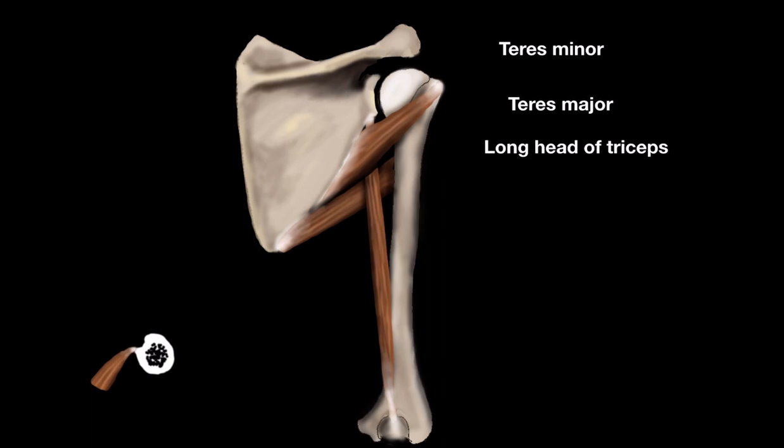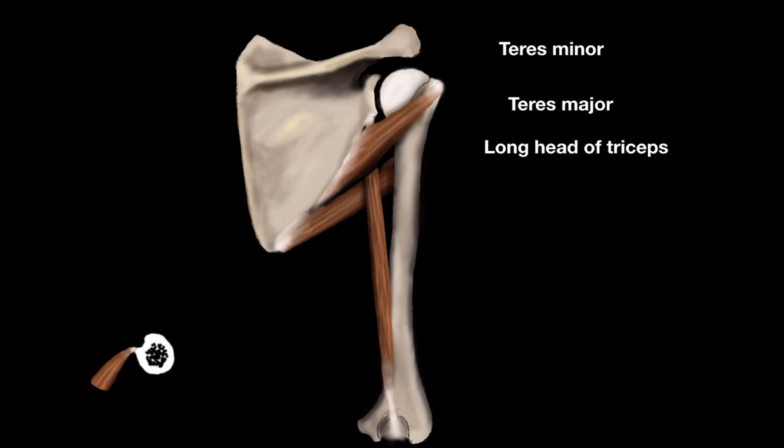Okay, now let us see the boundaries of these spaces. The quadrangular space is bounded superiorly by the teres minor muscle, the capsule of the shoulder joint, and also the subscapularis muscle, which will be seen in the ventral aspect of the scapula, which will go into the subscapular fossa to the lesser tubercle of humerus.